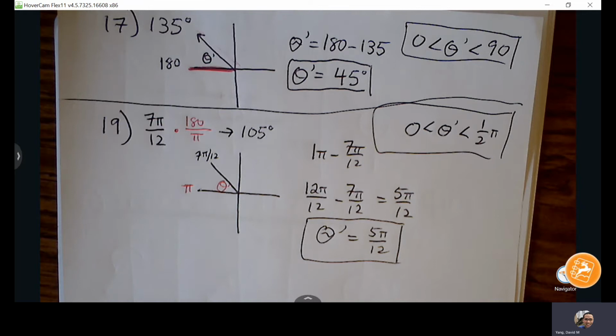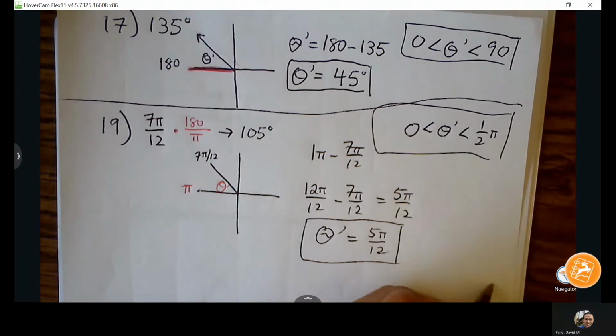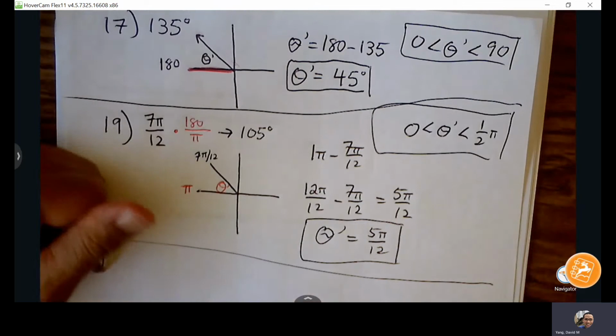If you don't recognize the radian measure, then convert it to degrees. So we have to get comfortable going back and forth and working it from all of those different perspectives. Okay, questions with 19? All right, let's try number 21.